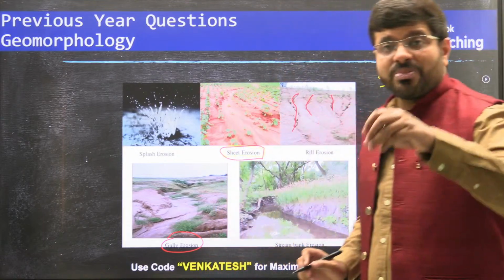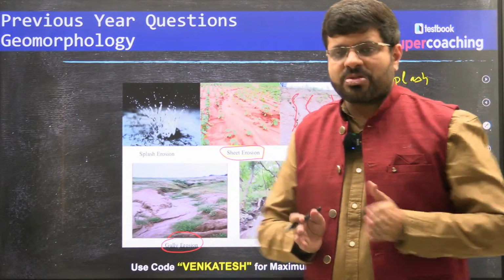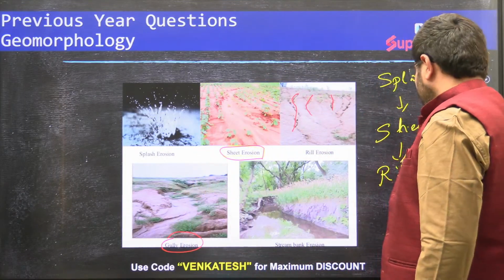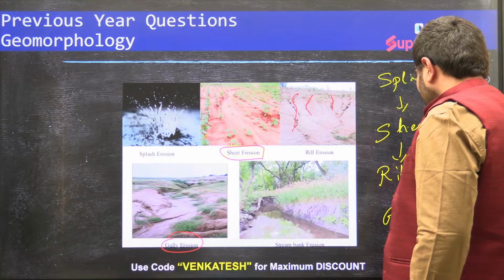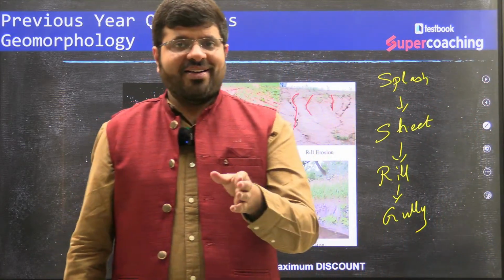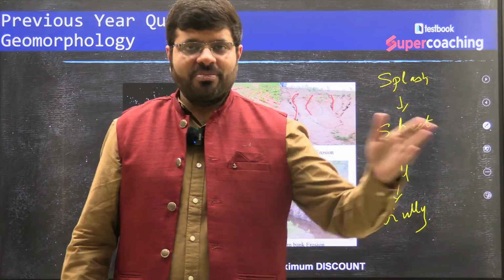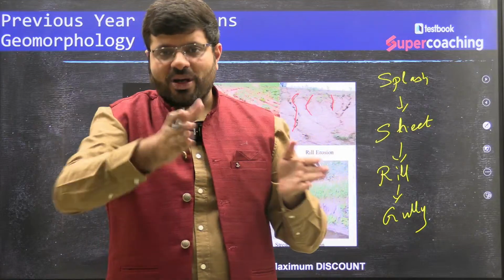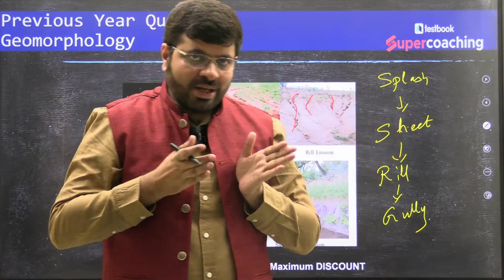When the rills become deeper, they will create small structures of disturbance, which we call gullies. In fact, in Hyderabad, we call each street a gully. If you see the broader topography, it looks like one gully. Gully is one kind of a division.